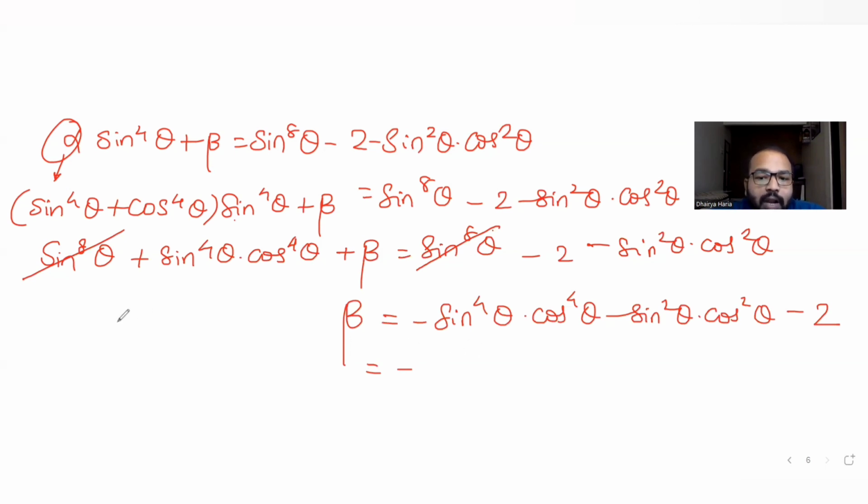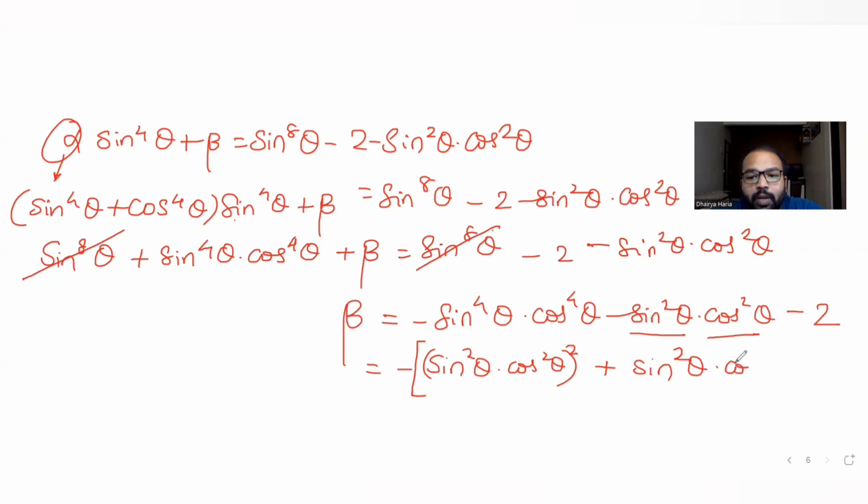Also, I can write sine raised to 4 theta cos raised to 4 theta as sine square theta into cos square theta the whole square. I'll take minus common only. So I'm left with plus sine square theta cos square theta and plus 2, right? So I get the value of beta also.